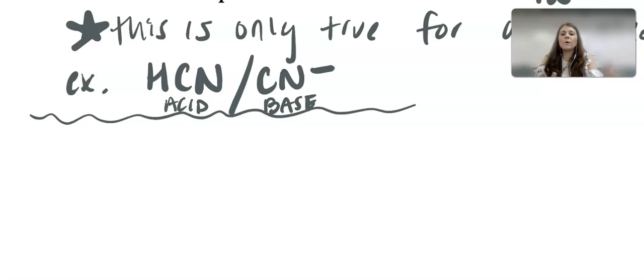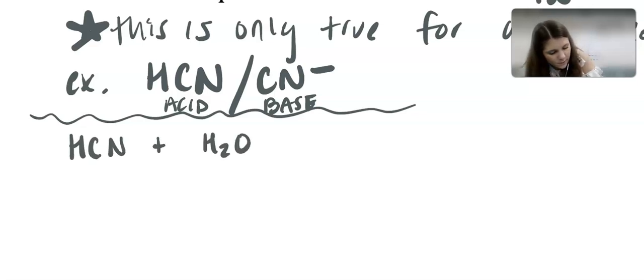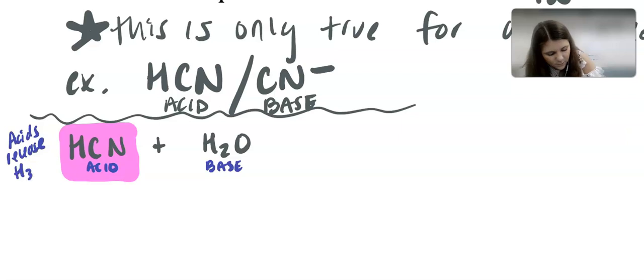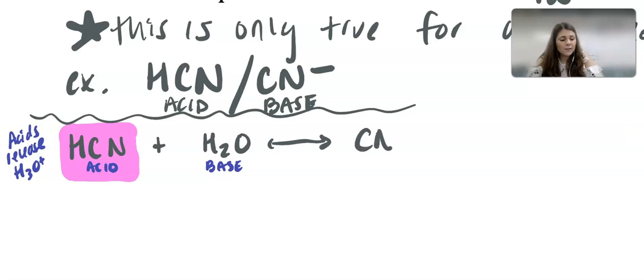Let's write what HCN would look like in just a regular reaction, just HCN, the acid, dissolved in water, okay? So if I have HCN plus water, I know that this is my acid, so this is my base. Knowing that HCN in this beginning part is my weak acid, we know that acids release hydroniums. So to finish off this reaction, we will make CN minus, that conjugate base.